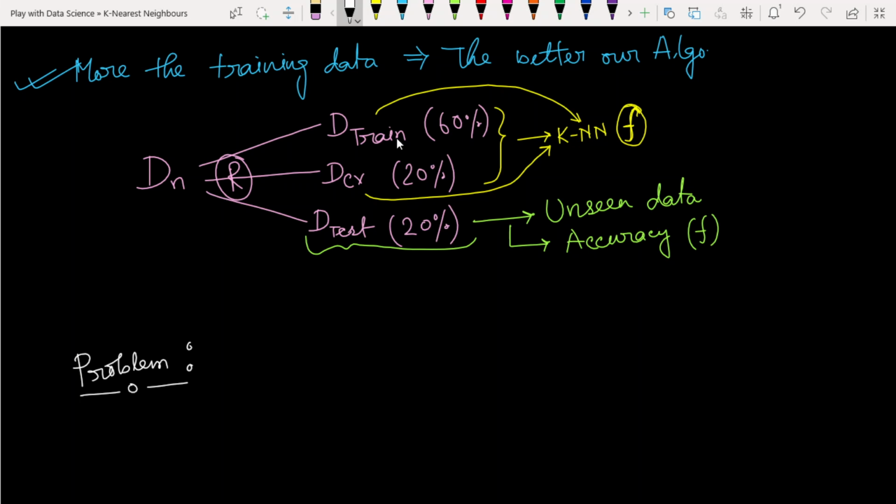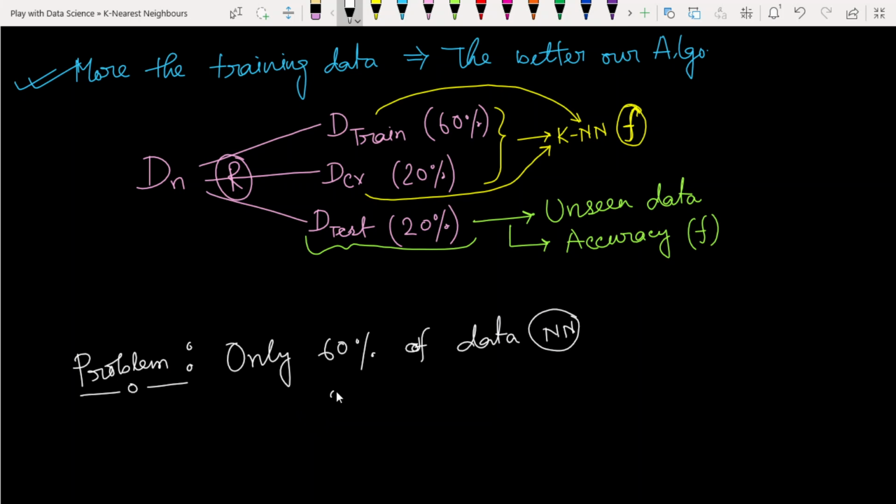It is a small number, and we know that more training data gives a better algorithm, but from the whole data we are taking only 60% to train our model. Only 60% of the data is used to take our nearest neighbor points.